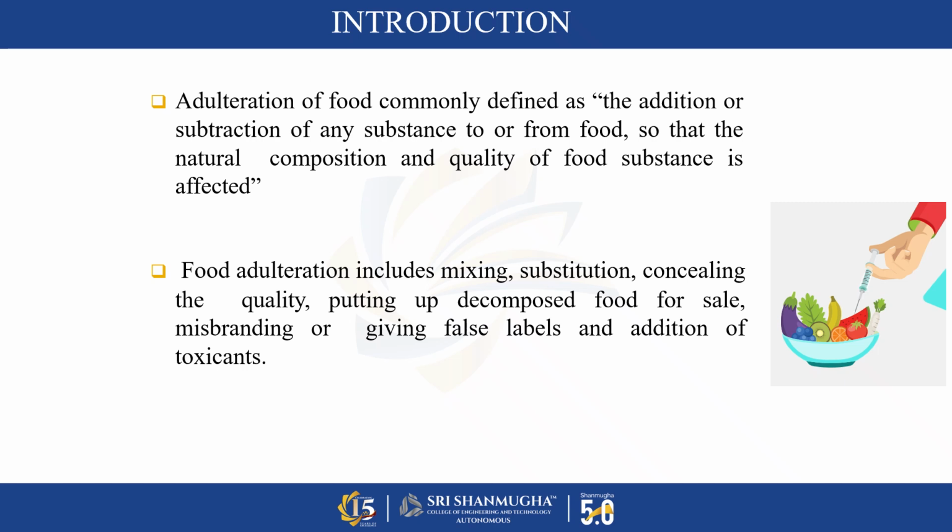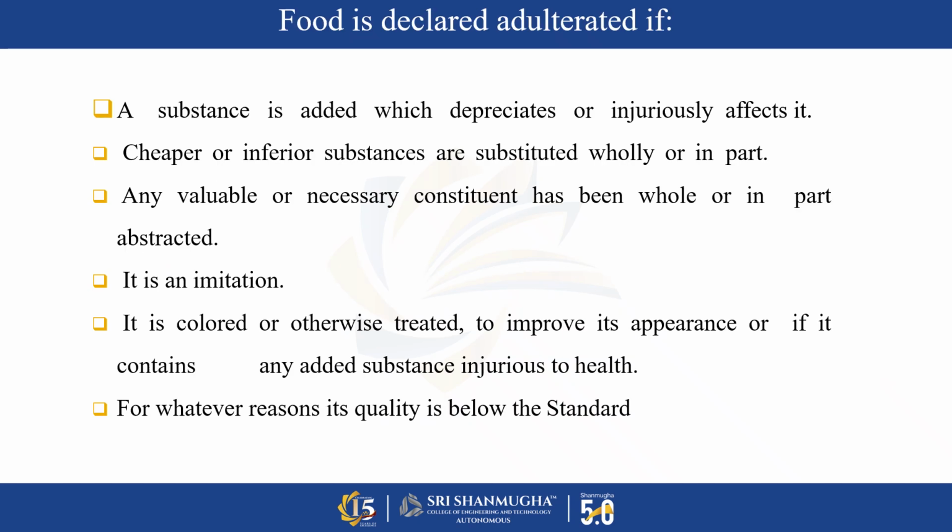So this is the definition of food adulteration. One of the best examples of adulteration is adding papaya seeds in pepper, and sometimes adding starch powders in milk. So this is called adulteration.